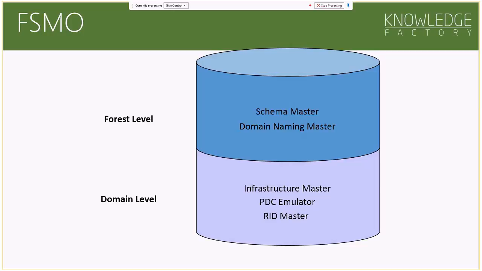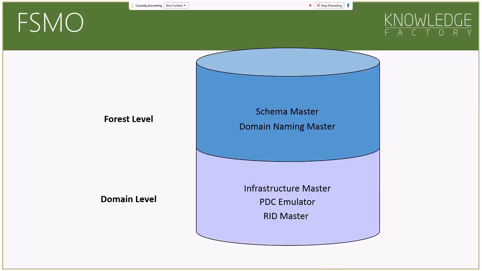So if you had an issue and a specific replica, which doesn't know who the schema master is, believes it is the schema master, for example, and you have done the same update on that replica, when they start to replicate with each other, you're going to have a schema conflict, and that's not a good thing. And then you need to do a forest recovery, which I will talk about later.